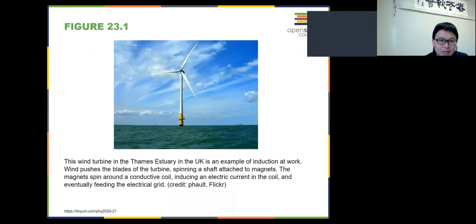Traditionally we use steam generators, where you heat the water and the steam drives the turbine to generate electricity. Another form is hydroelectricity, which uses the gravitational potential energy of the water to drive the turbine.